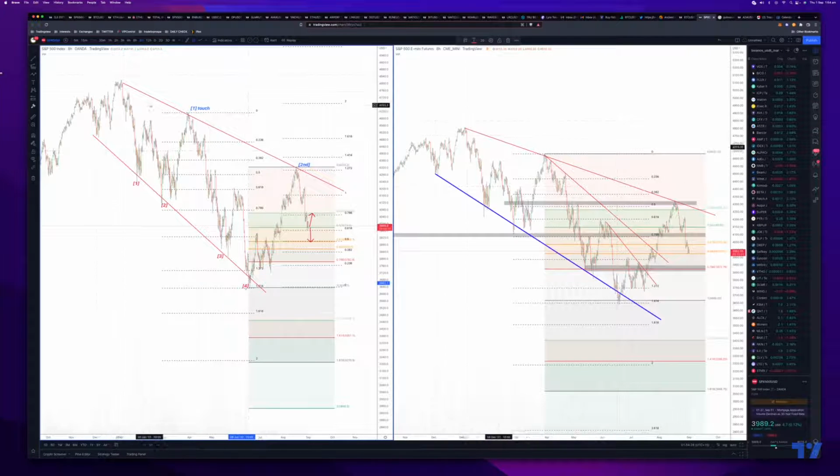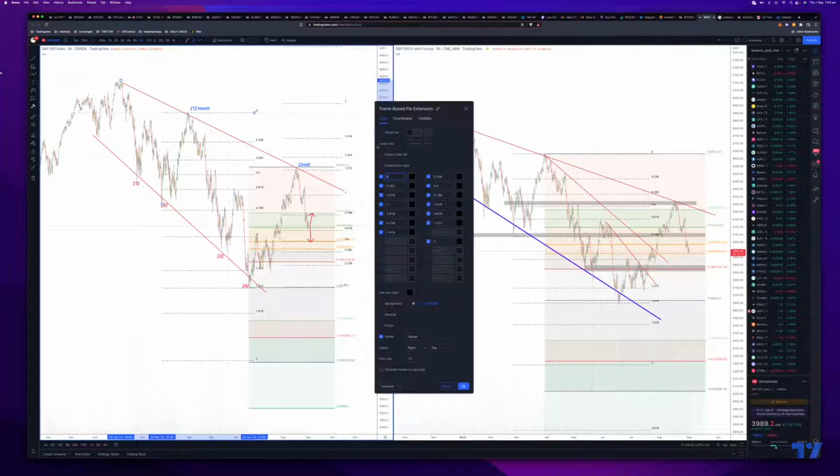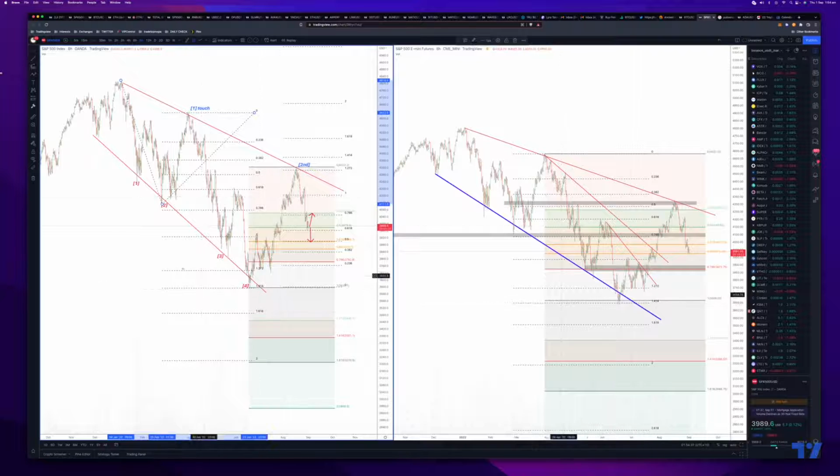The fib extension, which is from, if I do this one here, it was perfect. That fib extension came down to the 1.414 for support. So usually it's the 1.618 or the 1.414 when we have this correction.